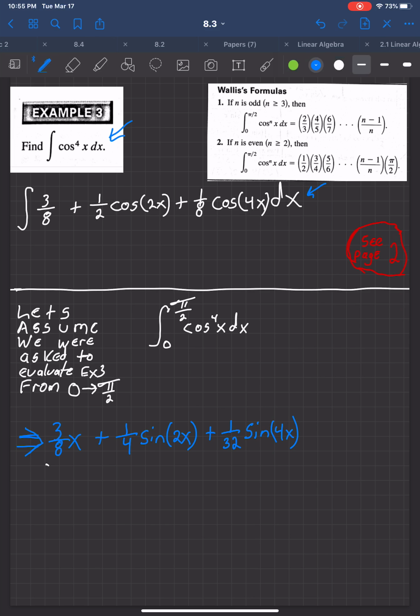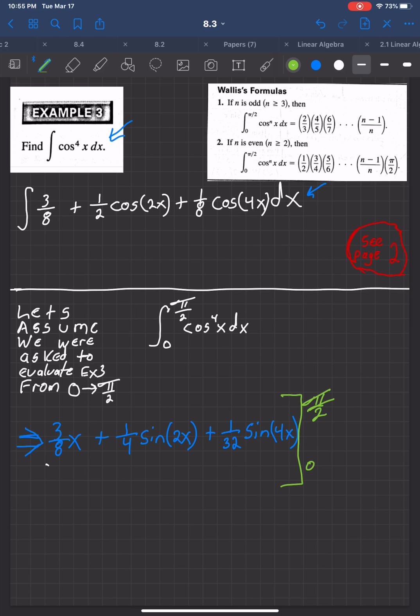Well, clearly we don't need that plus c. So the only difference, we would have the same result, but we would now have it from 0 to pi over 2. And this little trick is what's known as Wallace's formula.